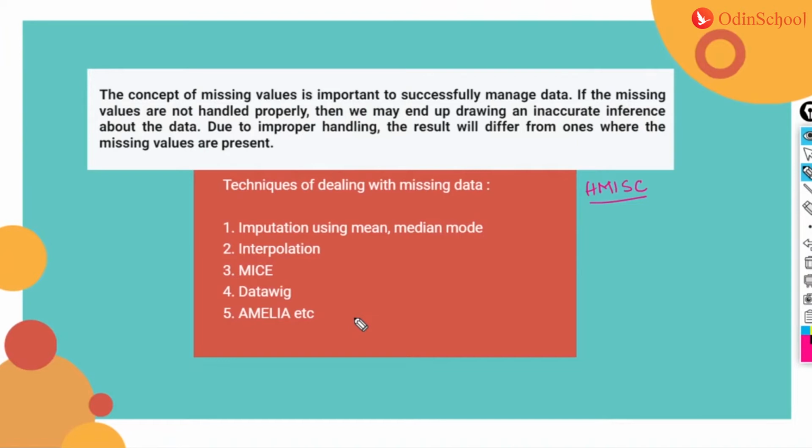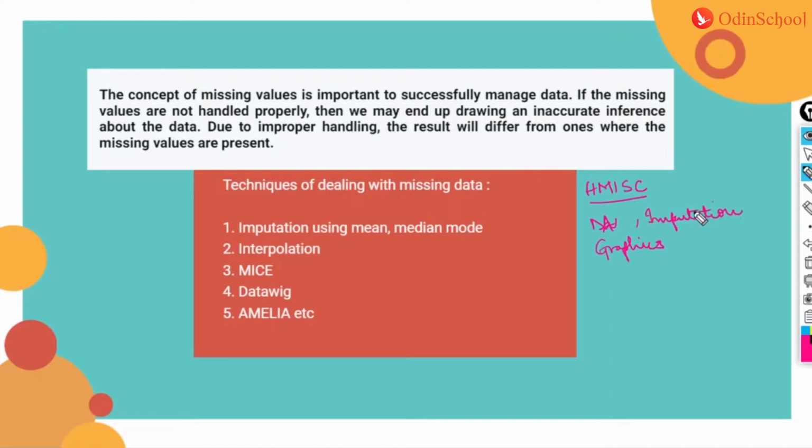All right, so here we see that Hmisc is a multi-purpose package, which is significantly used for data analysis. It's also used for graphics. You have good graphs based on this, and you can also use this for imputation of values.